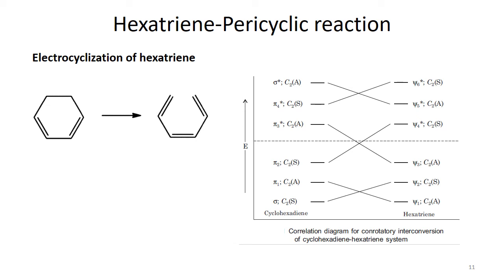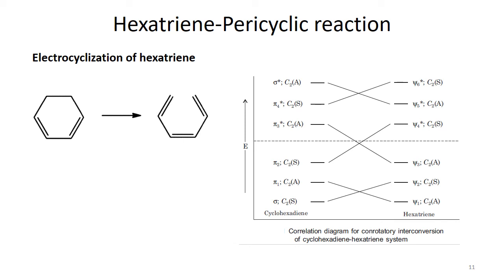Okay, just like the electrocyclization of hexatriene, we already know that these types of reactions occur reversibly. So where electrocyclization of hexatriene happens, there is another possibility, that is the ring opening reaction of these 1,3-cyclohexadiene compounds.